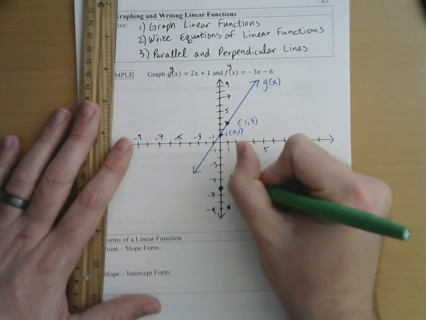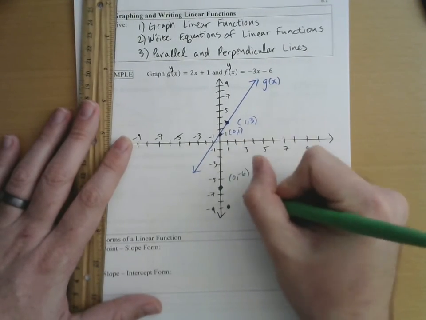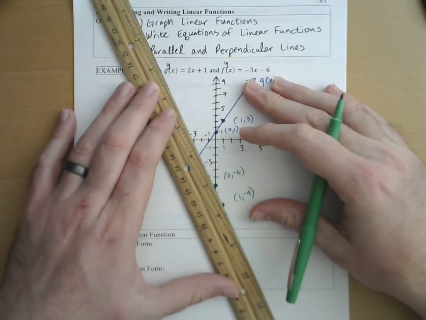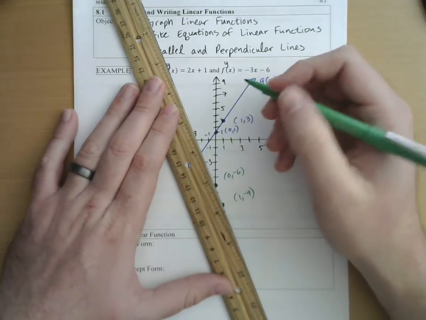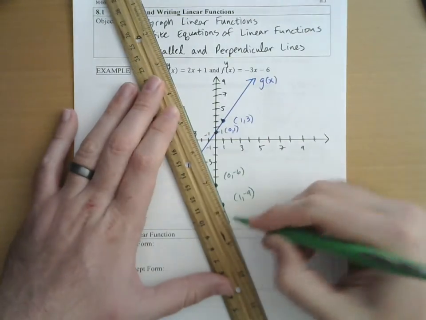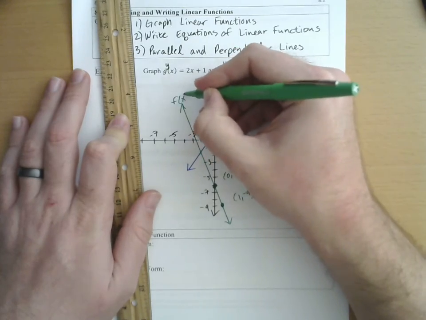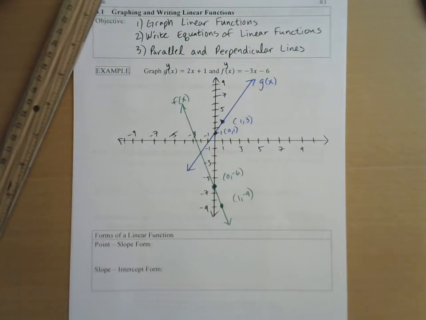So this here is 0, -6, and this is 1, -9. And we connect our dots. And we label this f of x because it's got its own function name.